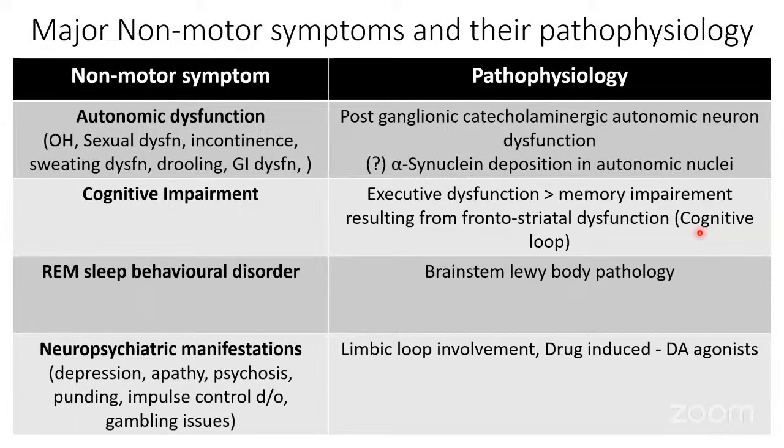Then neuropsychiatric manifestations, that is depression, apathy, psychosis, impulse control disorders, and gambling issues, are due to mesolimbic pathway involvement. And it could be drug induced, that is by dopamine agonist drugs like pramipexole, ropinirole, rotigotine, etc. Next.